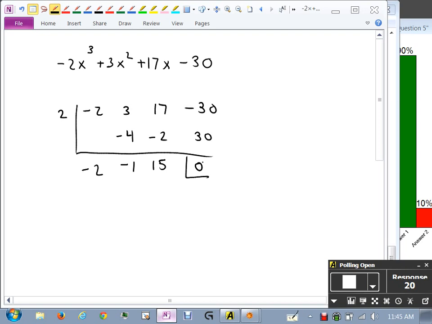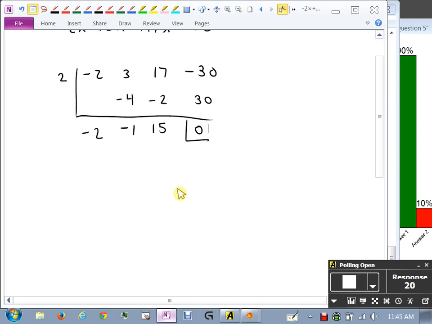Okay? But you got a good exercise in how the fractions work. And then at this point, you just come down. This gives you a factor of what? X minus 2. And then this is what I was really curious to see what you would do. -2x squared minus x plus 15. I don't know how comfortable you are factoring something like this when there's a negative out here, right?